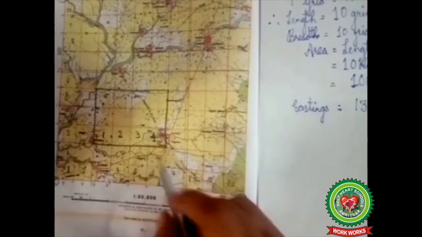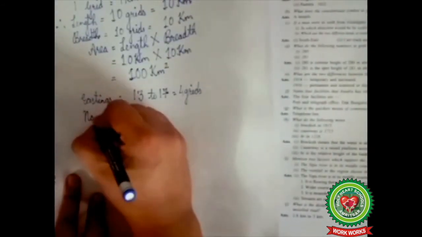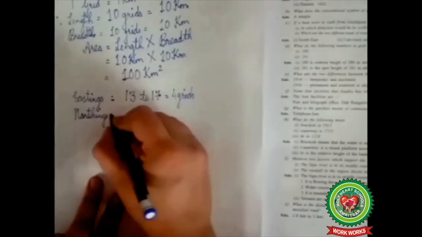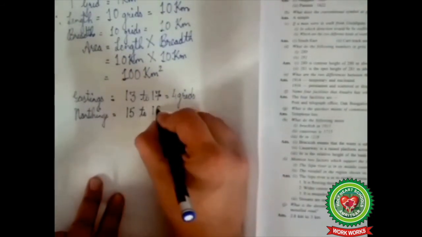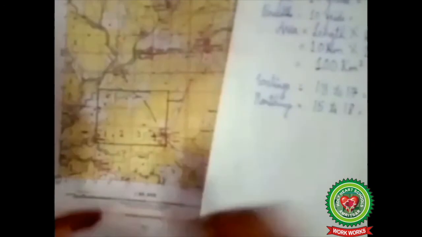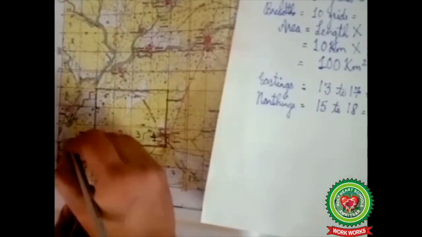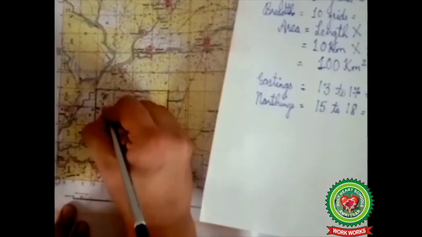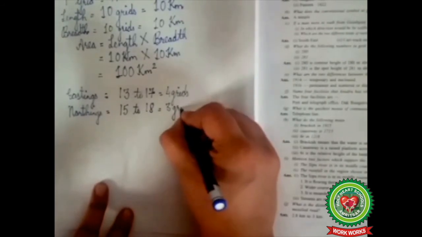Similarly, we'll note down the northings, that is 15 to 18. See here, 15 to 16 first grid, 16 to 17 second grid, 17 to 18 third grid. So northings from 15 to 18 cover 3 grids.